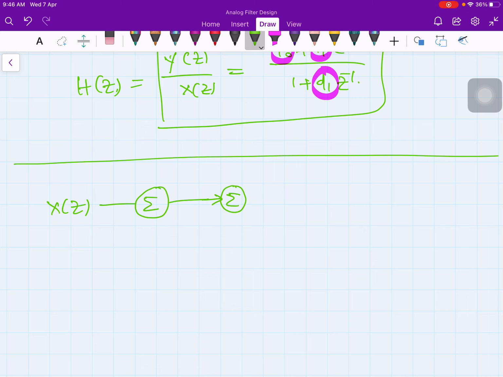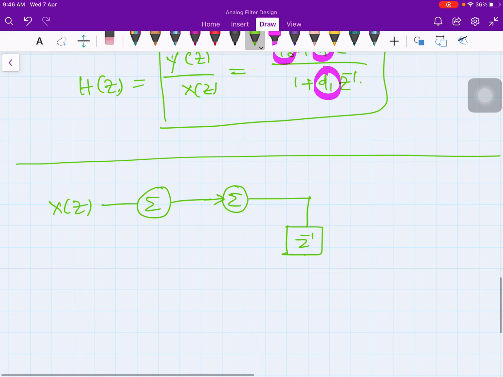And here we have z inverse and a feedback here. Feedback here with a multiplier k2, plus like this.